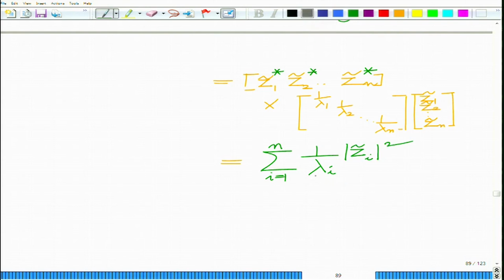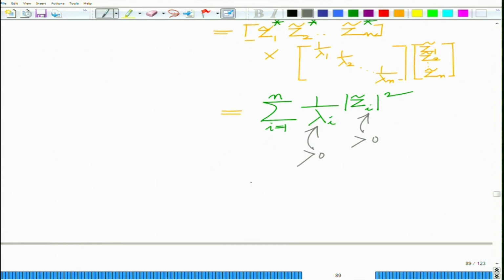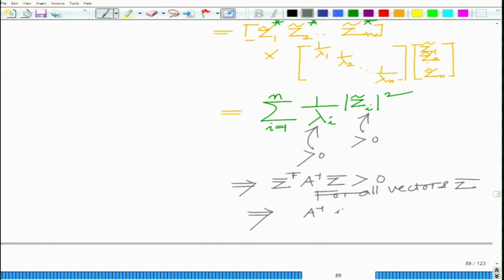Now 1 over lambda i is greater than 0, magnitude Z tilde i square is greater than 0, and therefore this implies that Z bar transpose A inverse Z bar is also greater than 0 for all vectors Z bar, and this implies that A inverse is a positive definite matrix.